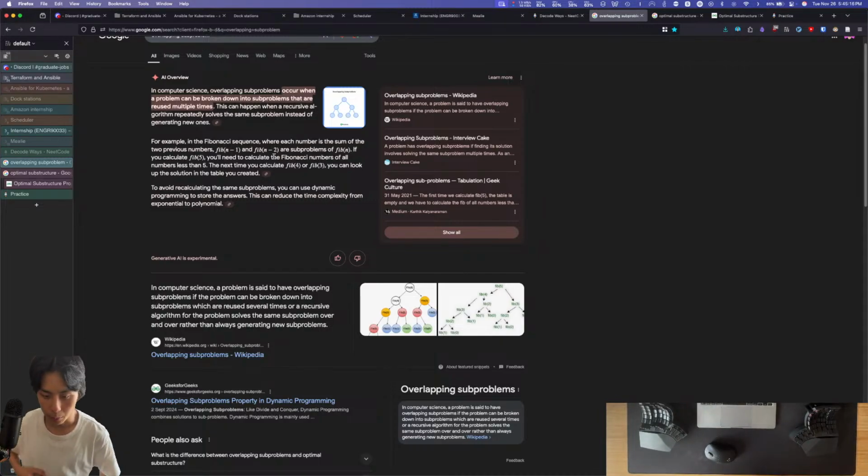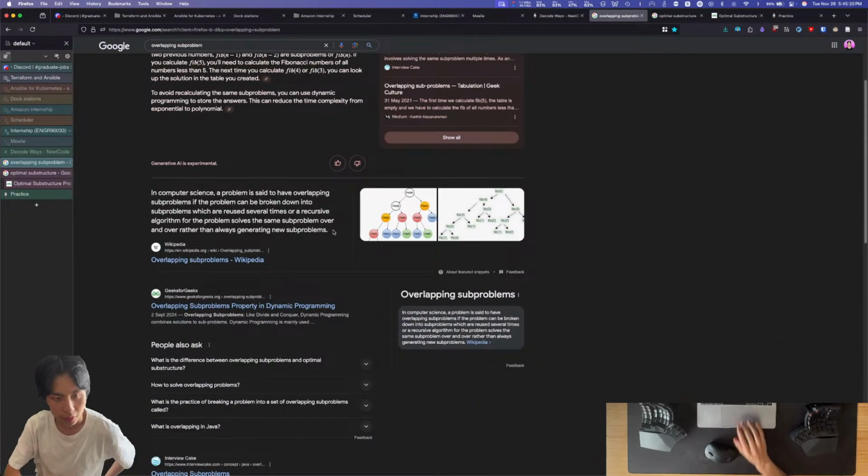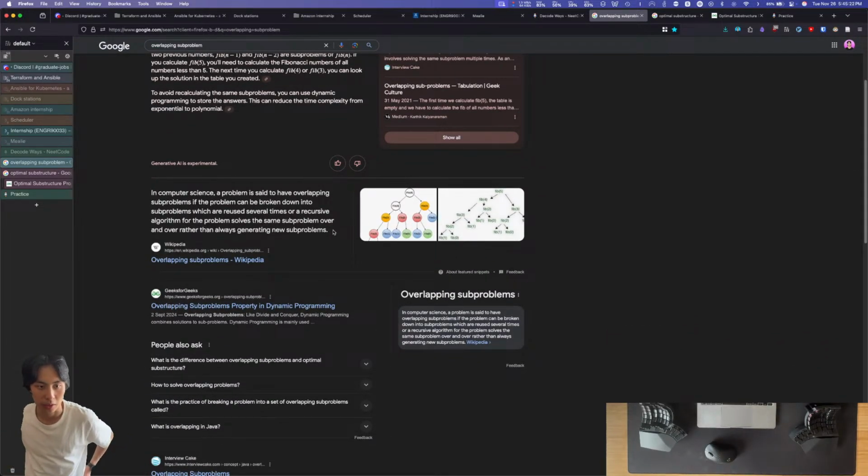So overlapping subproblems, okay, let's read also here. In computer science, a problem is said to have overlapping subproblems if the problem can be broken down into subproblems which are then reused several times, or a recursive algorithm for the problem solves the same subproblems over and over rather than always generating new subproblems. Yeah, so I can understand what that means. Just from the examples I've seen doing some of these Leetcode problems, I can see it as examples in my head.